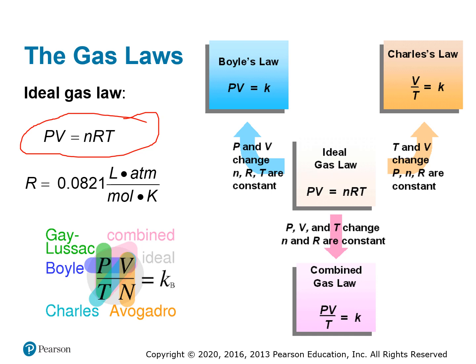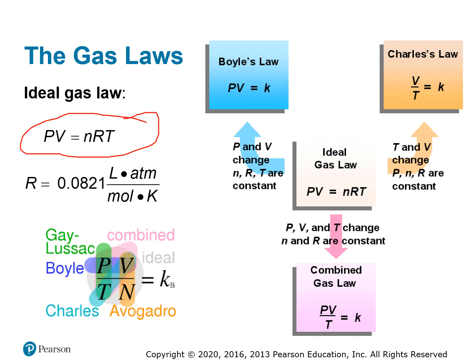So, combining the equations that we saw before, we have the ideal gas law, PV equals nRT, where P is pressure, V is volume, N is the number of moles, and R is the gas constant, 0.0821 liter atmosphere per mole Kelvin. And so this is combining everything.